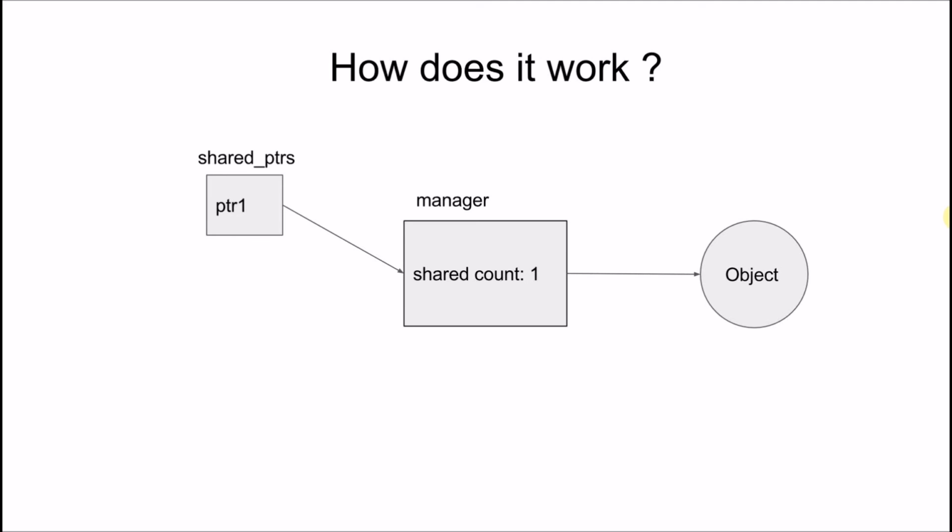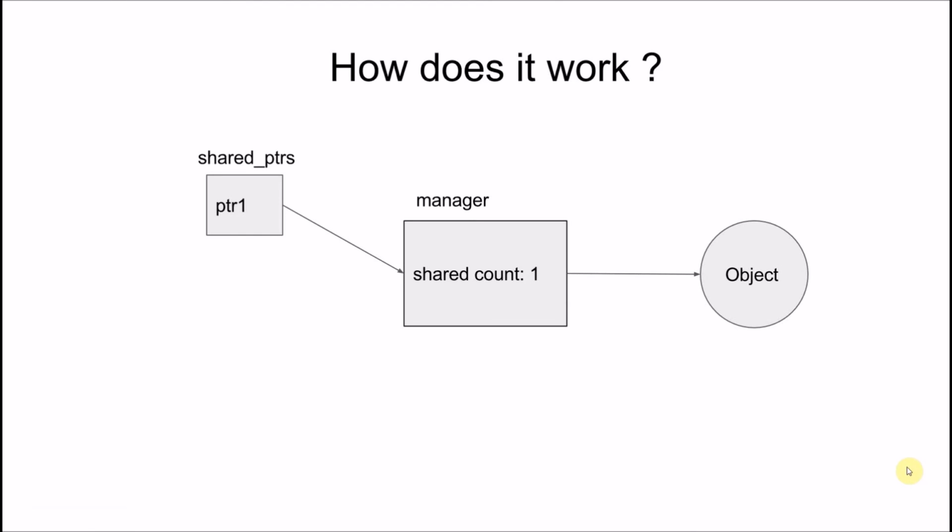So how does it work? Every time you create a new object using shared pointer, it will create a manager that keeps the reference count of shared pointers to that object. So initially I have only one shared pointer, so shared count is 1.